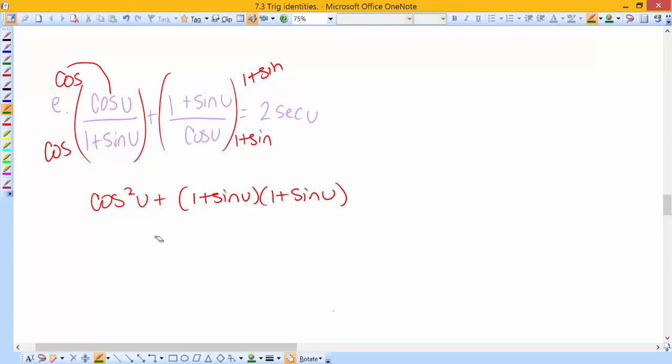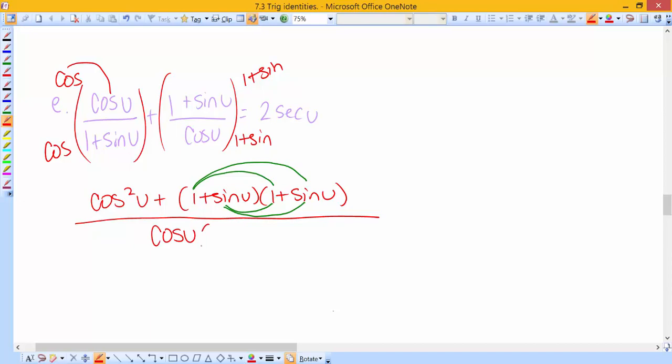You're going to start by distributing the 1, and then you're going to distribute the sine. And then the denominator, so I'll do that in a minute. The denominator is my common denominator, which is cosine times 1 plus sine. I'm not going to distribute that yet. I don't know if I need to. I definitely need to distribute the 1 plus sine.